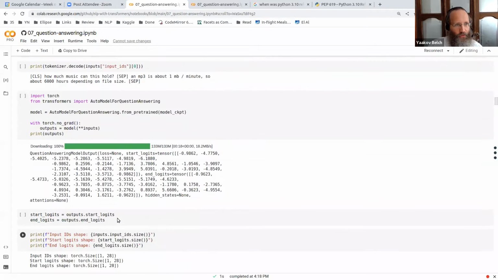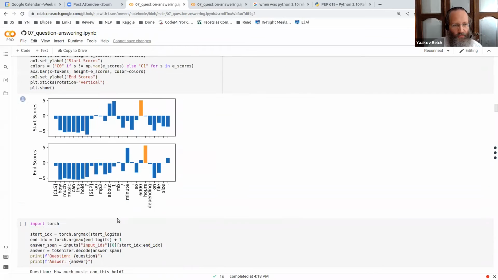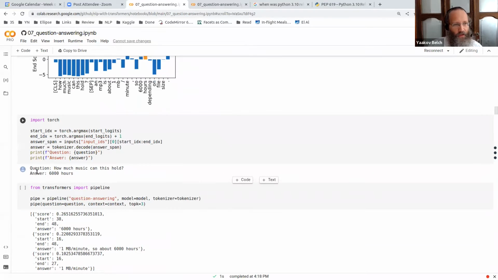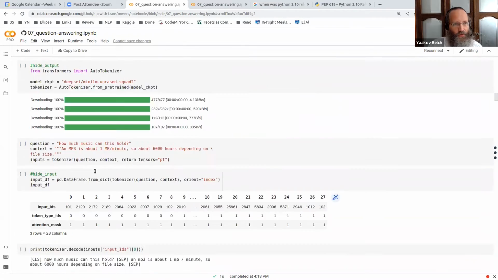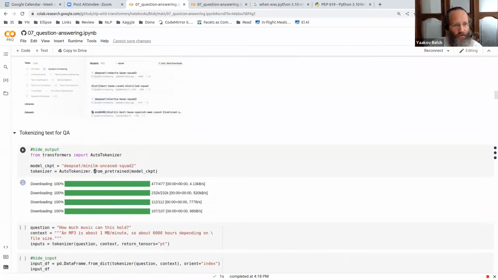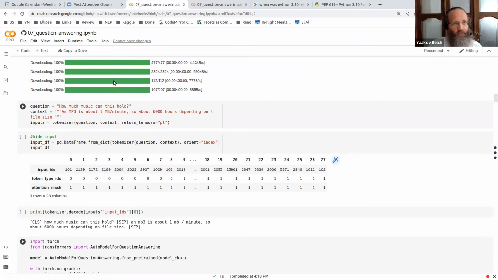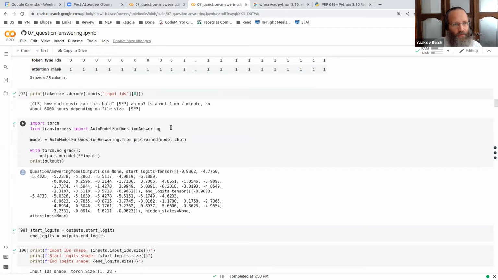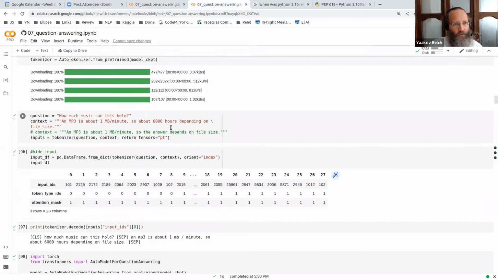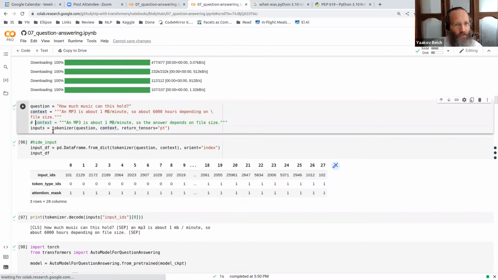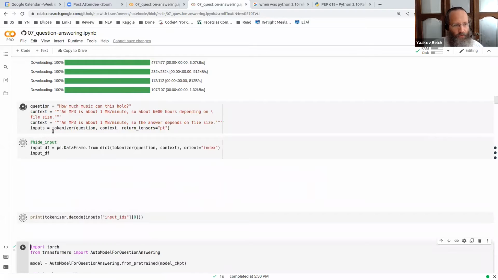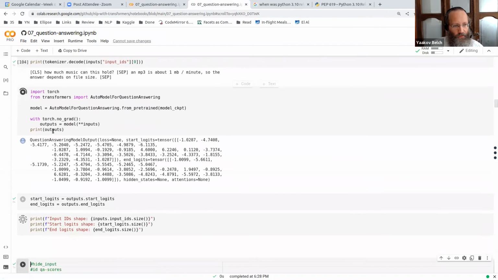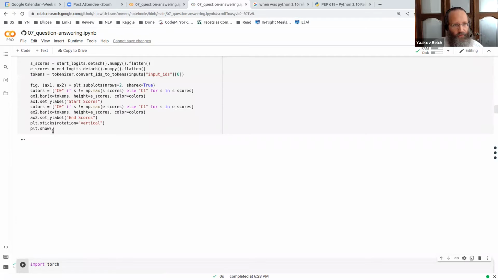I just tried this before, to see whether it works. Here is what the model computes, and it gives 6,000 hours. If we just change the text and remove the 6,000 hours from the context, the answer depends on the context, so we remove the number and compute again.